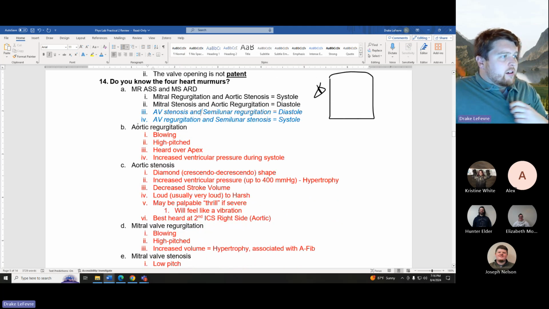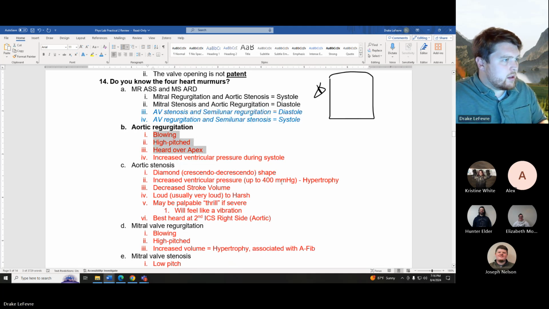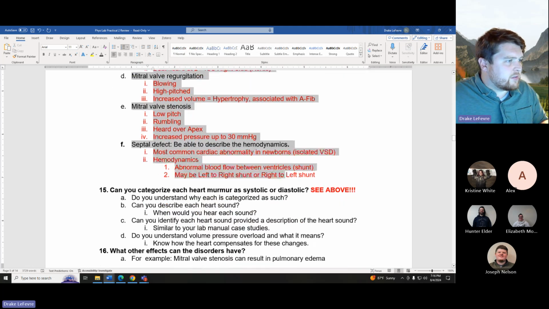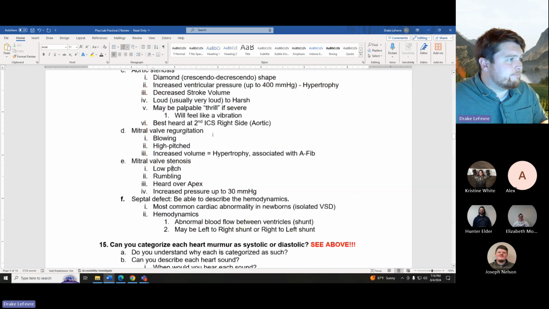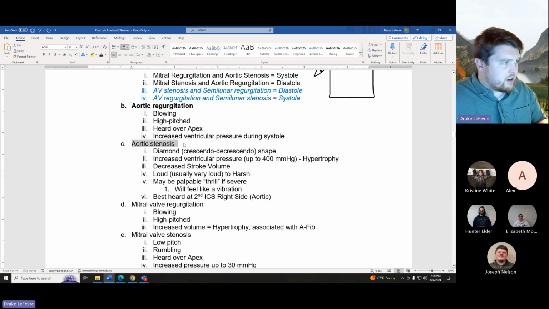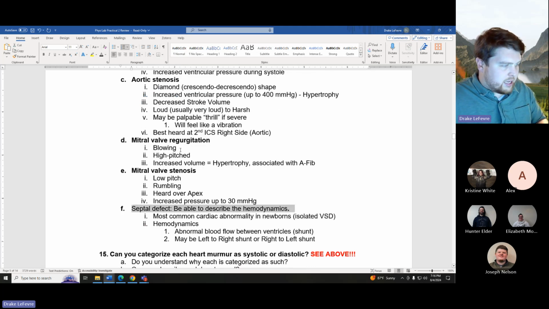Here are all of these guys. I'm assuming you just took all of this straight from the lab manual, breaking it down and finding the commonalities.